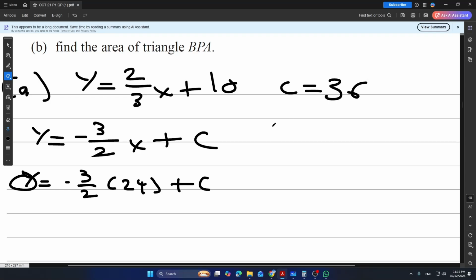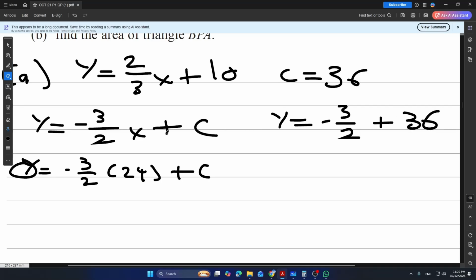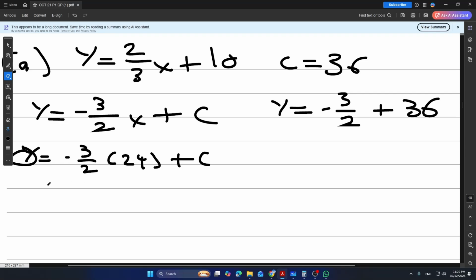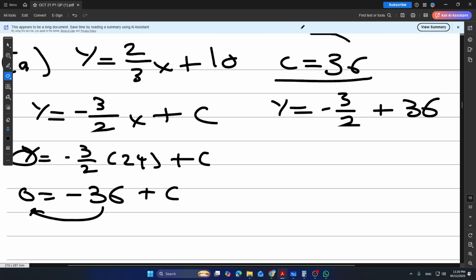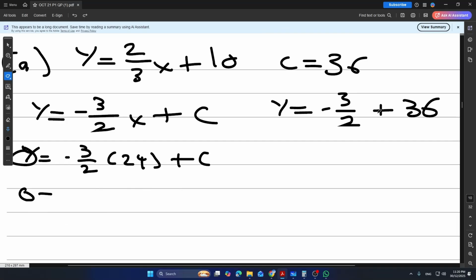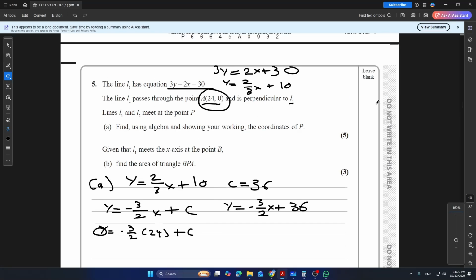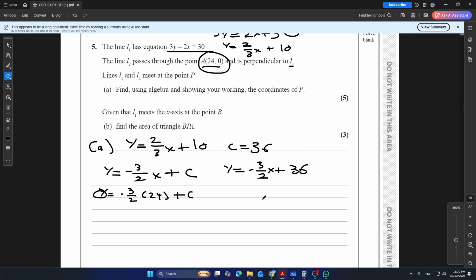So 0 equals minus 36 plus c, and I want to make c the subject, so I take 36 to the other side. I get positive 36. So y equal to minus 3 over 2 x plus 36. And this is our second line equation.